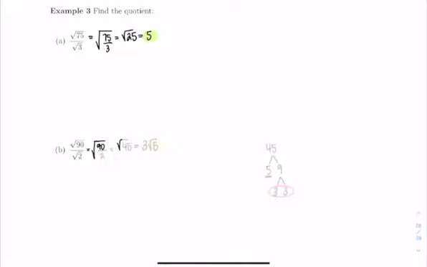So I'm going to split. We've got the square root of 90 over 2, which is the square root of 45. And we want to break that apart. Well, 45 is 5 and 9, and 9 is 3 and 3. So we have a pair of 3s that we can pull out with a 5 underneath.